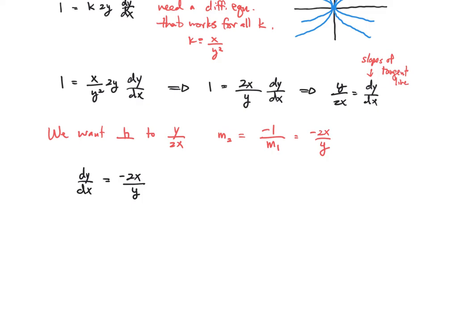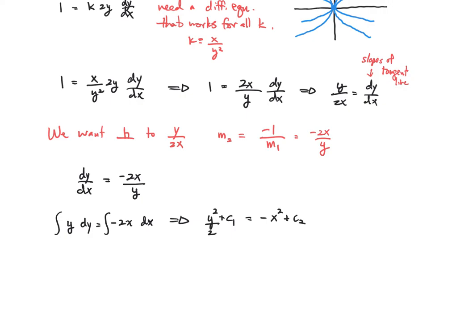This means that we can write this as y dy is equal to negative 2x dx. When we integrate both sides, let me put an integral here and an integral here. This gives us y squared over 2 plus c1 is equal to negative x squared plus c2.